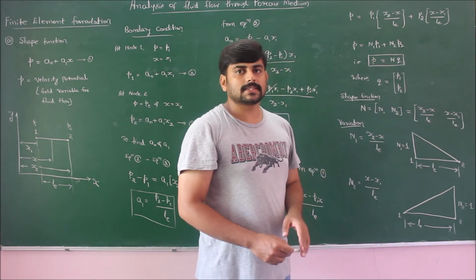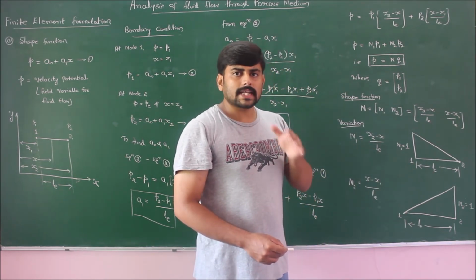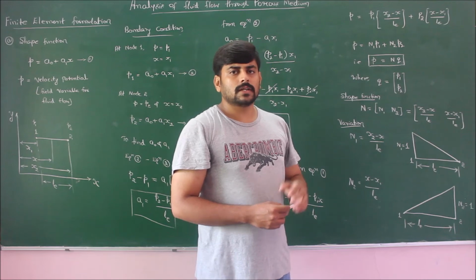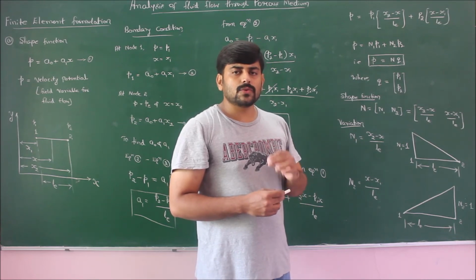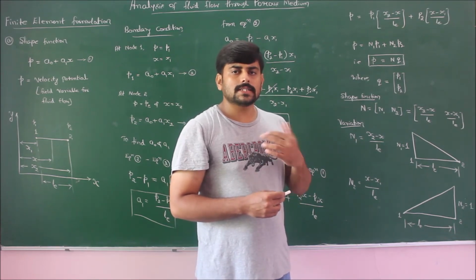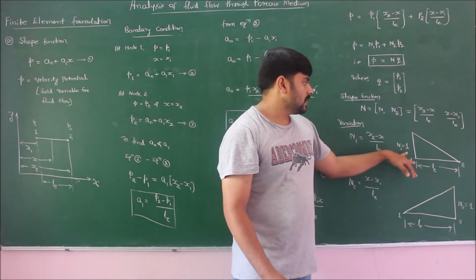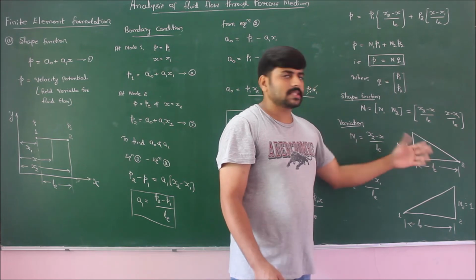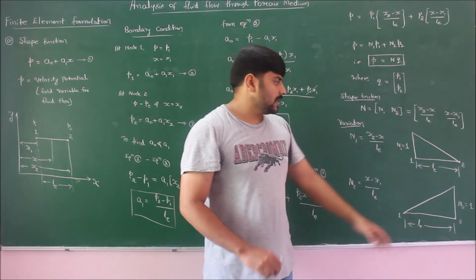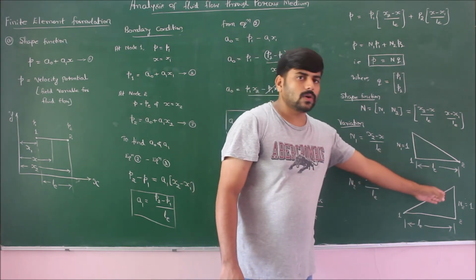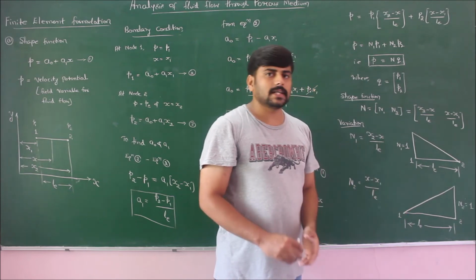The first property is satisfied. Coming to the second property of shape function, the value of shape function is unity at its own node and 0 at any other node. That is also satisfied. N1 is 1 at node 1, at any other node its value is 0. Similarly for N2, its value is unity at its own node and 0 at any other node.